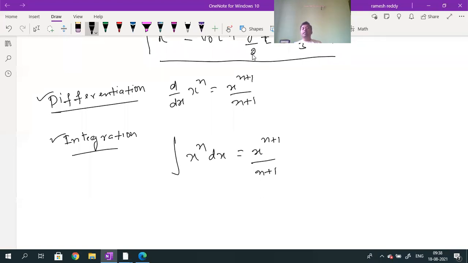Tomorrow's class we'll discuss coordinate geometry. For this chapter we need graphs also; graphs are very, very important for this chapter. For that, the equations for the graphs. So tomorrow's class is based on coordinate geometry. What is the equation for the straight line? What is the equation for the circle?